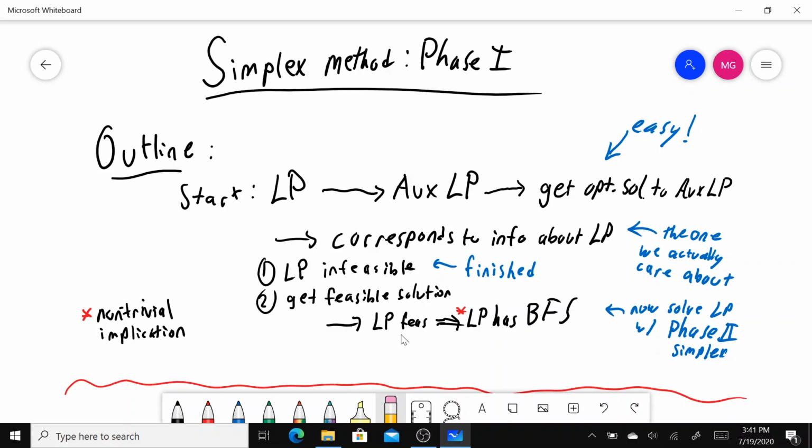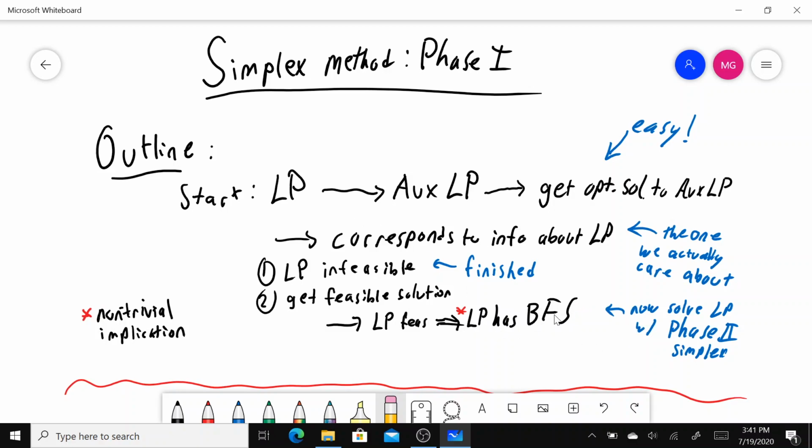But what we're going to do in this video is just take it for granted that there's a way to go from a feasible solution to a basic feasible solution. So for the purposes of this video, we're just going to be trying to find a feasible solution and take this implication for granted.